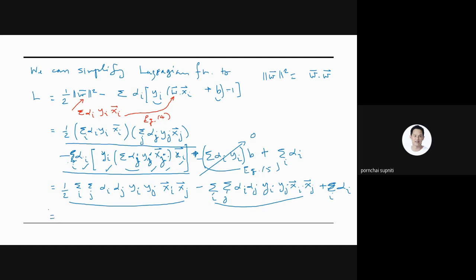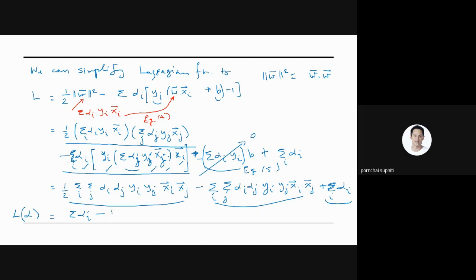So here what we will have is we will have this L function depending on alpha. The optimization function is summation alpha i. So I write alpha i here at the front and minus only the leftover from this one half -1.